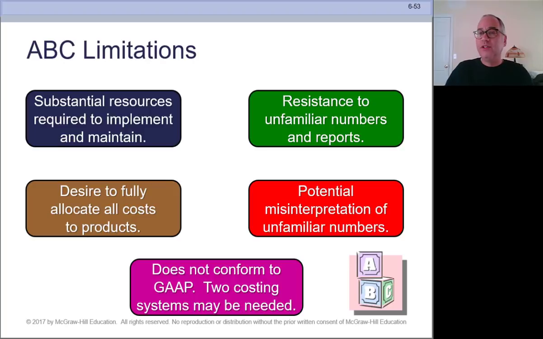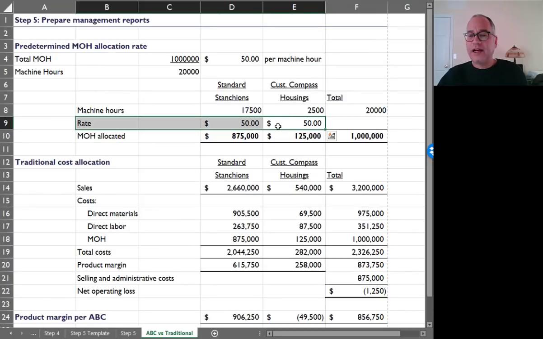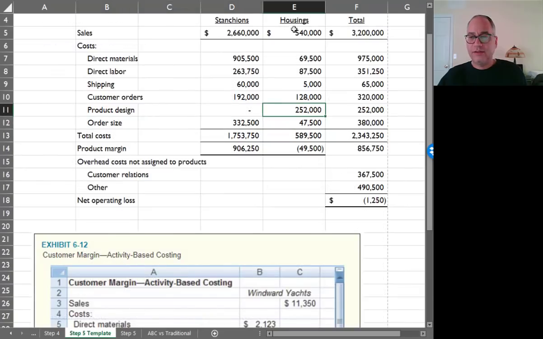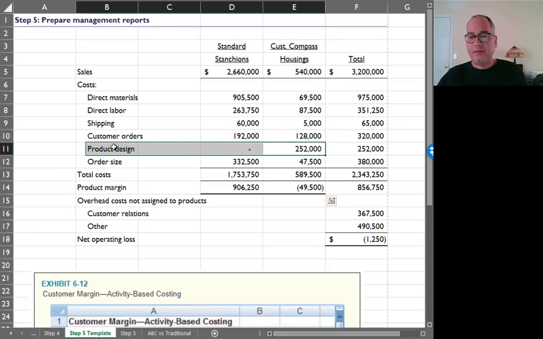But there's also a huge danger that these numbers could be misinterpreted and lead to bad decisions, and you have to be very careful of that when using activity-based costing. For example, let's say you eliminate custom compass housings, but you keep your whole product design team on staff and you keep paying them.